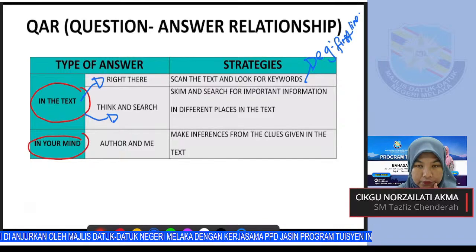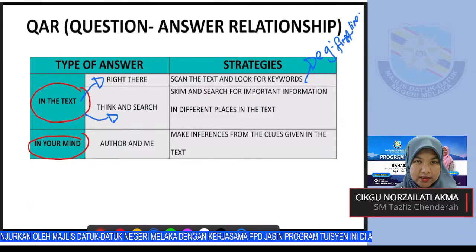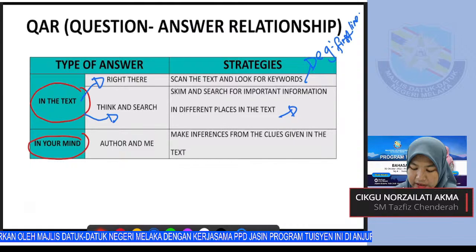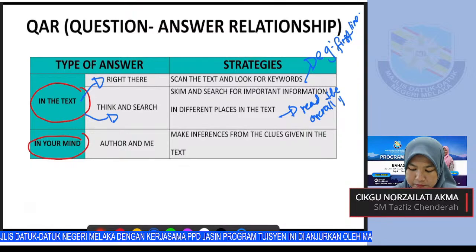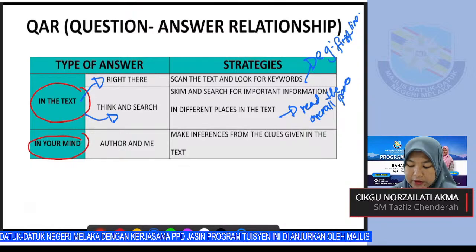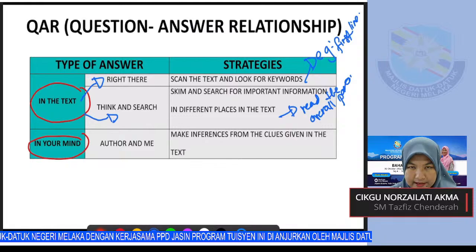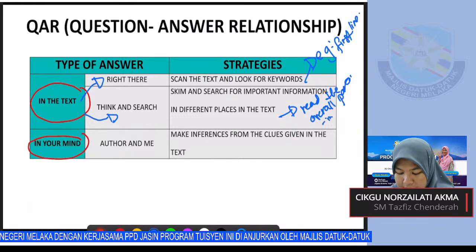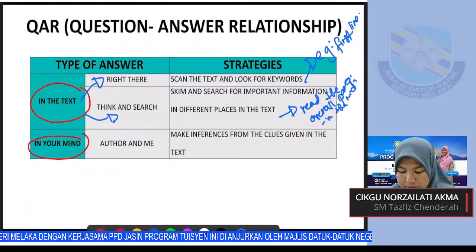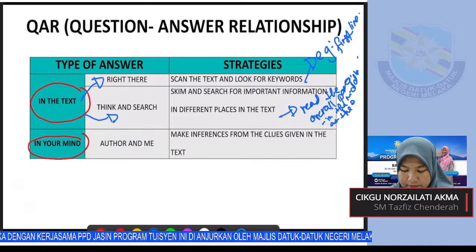However, for the second type of answer in the text, you might need to read the overall paragraph, and the answer might be in the middle or at the end of it.